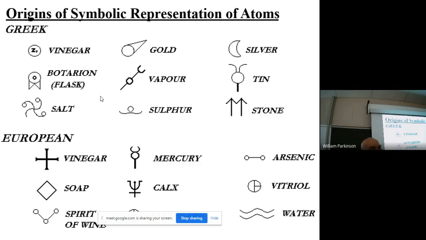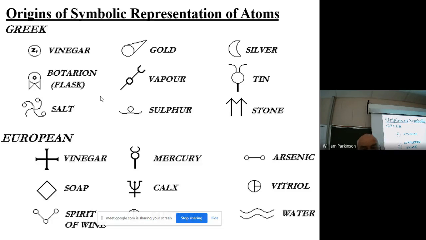Stone is very complex and can contain, depending on what kind of stone it is, a wide variety of elements. So salt certainly as well is not an element. It's a combination of, if it's the normal salt that we use, two elements, sodium and chlorine. So many of these things were not really understood as being elemental at the time these kinds of symbols were devised.